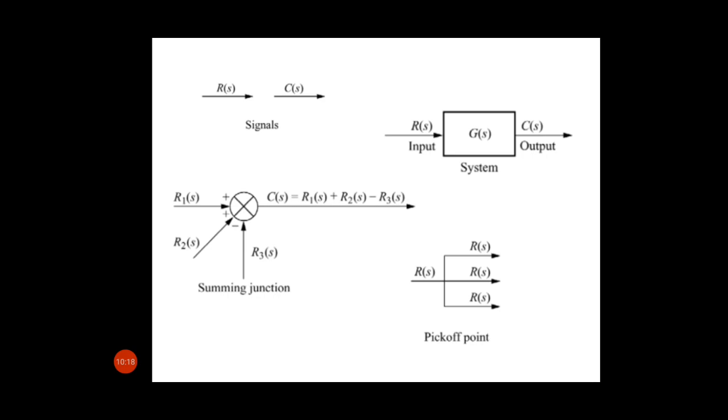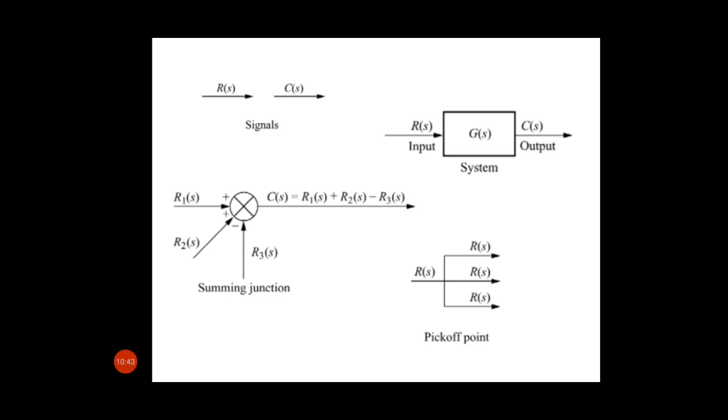Now here we are discussing the block diagram reduction technique. So why do we need block diagram reduction? For example, any control system is given in terms of a block diagram.